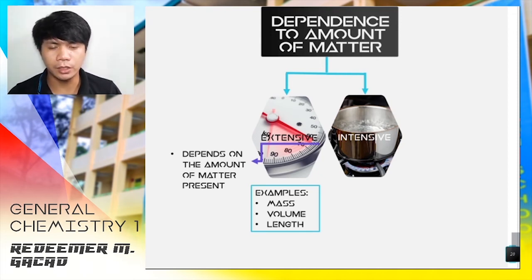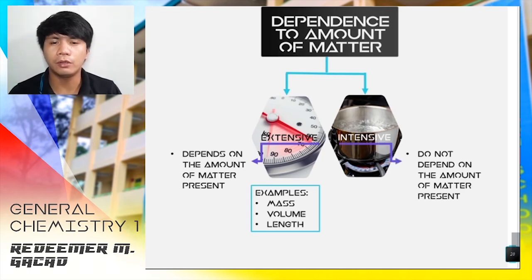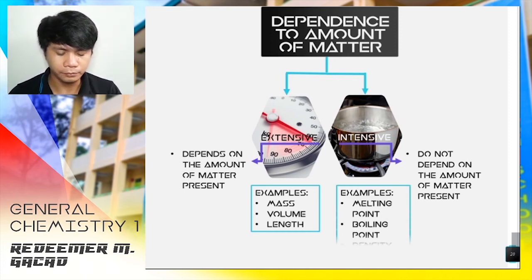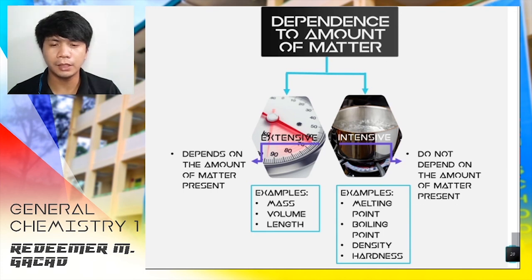Okay? Next one is yung intensive naman. Intensive properties do not depend on the amount of matter. Kahit mas marami man yan or mas konti, pareho lang yung kanilang property, intensive property. Example niyan are melting point. Balikan natin yung yelo.